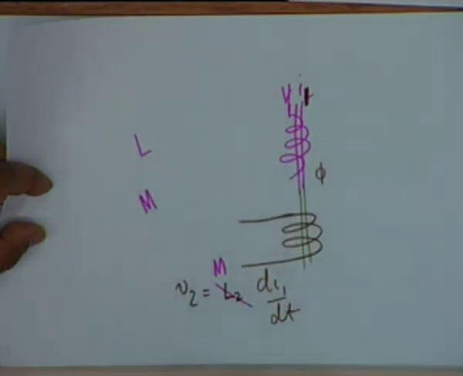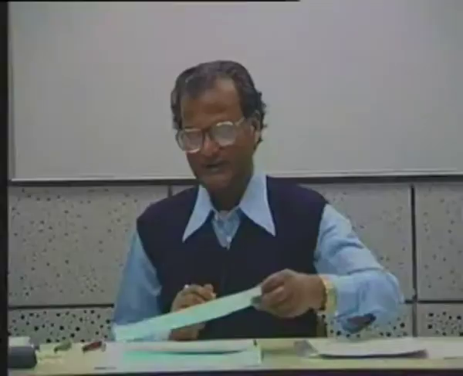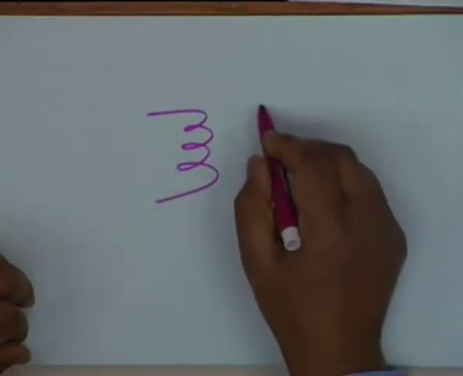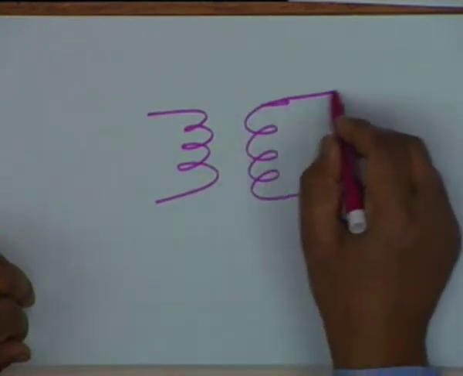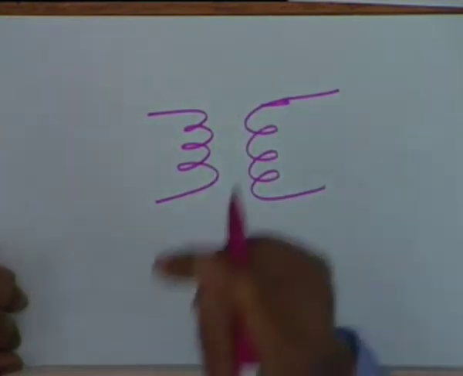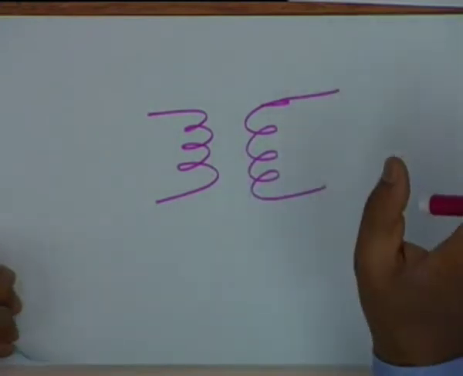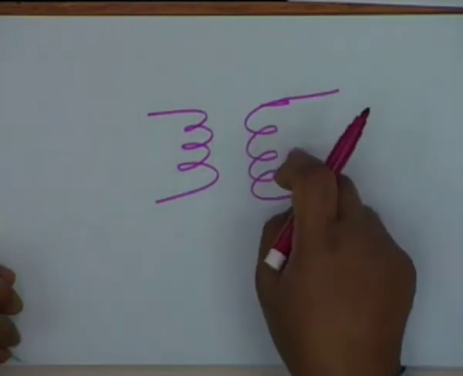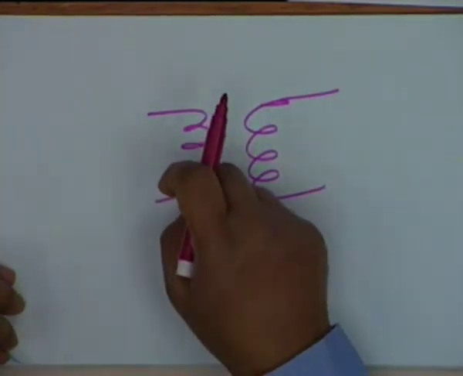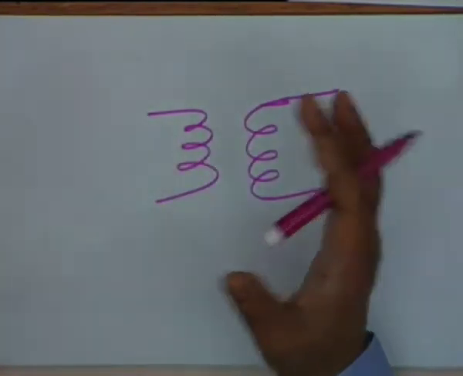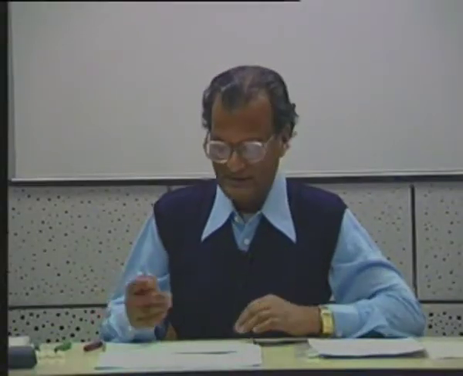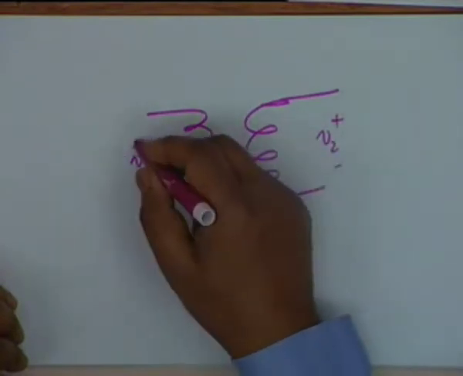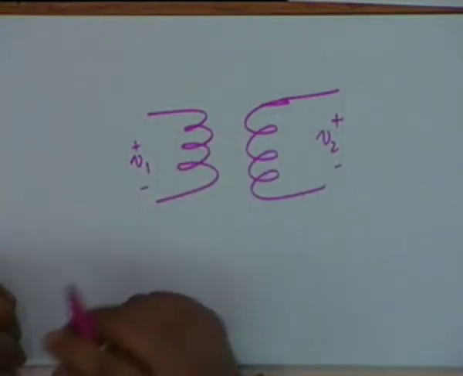Now, one should understand that if there are two coils interacting with each other, one generates a magnetic field, which cuts across the second coil. Similarly, the magnetic field generated by the second coil cuts across the first coil, and if these currents are changing, then obviously the voltages across the two coils shall have two components.